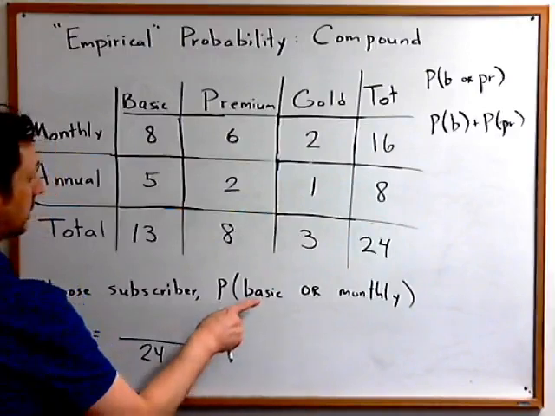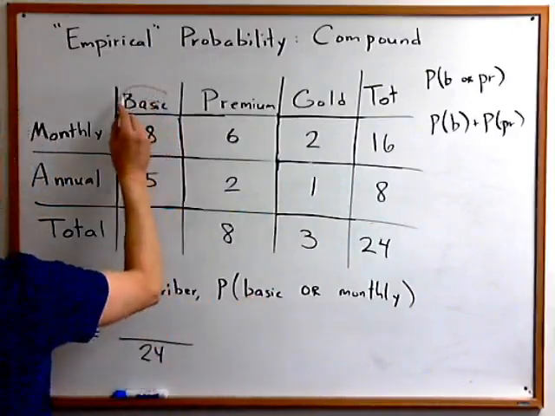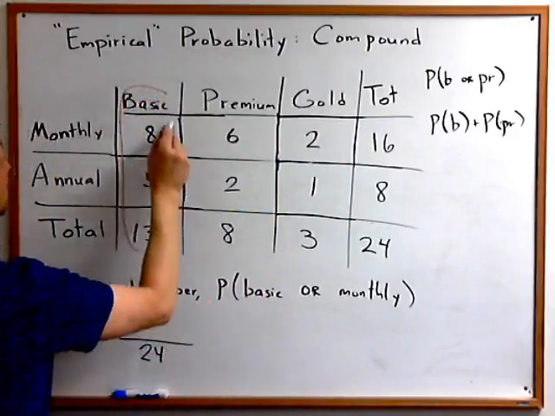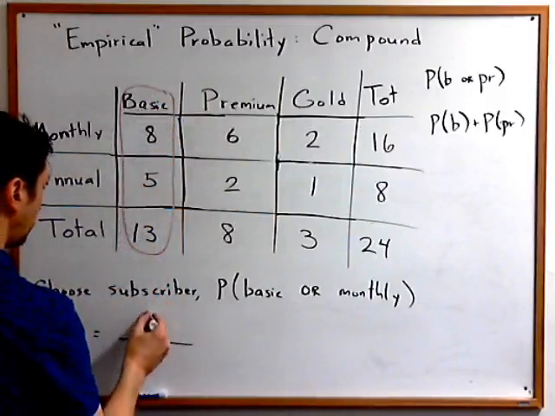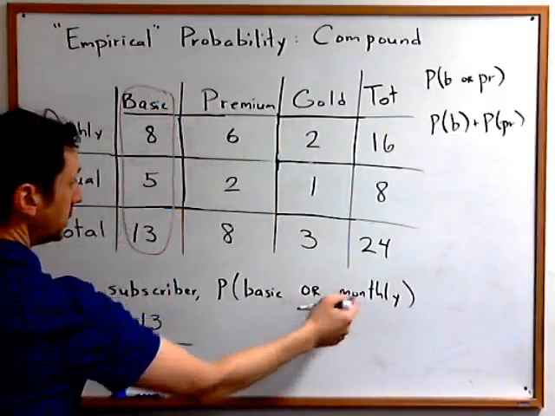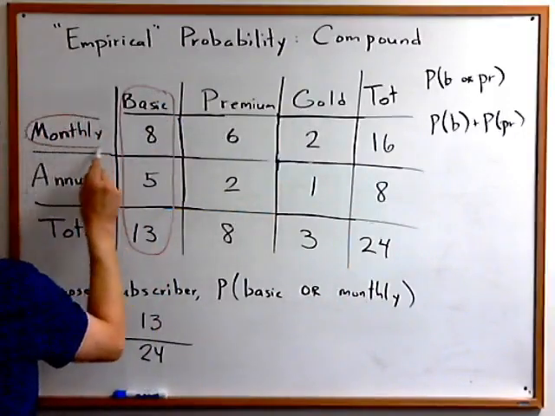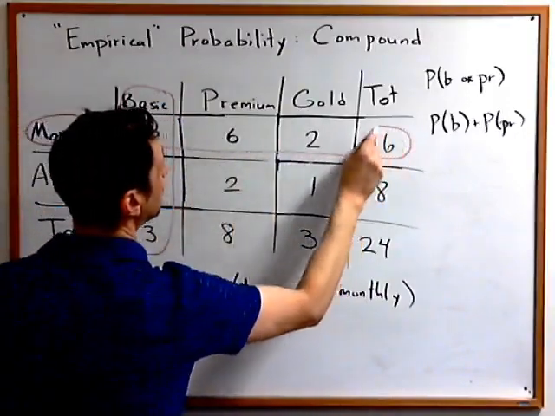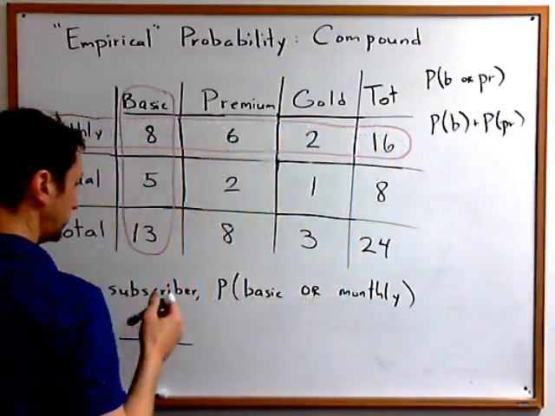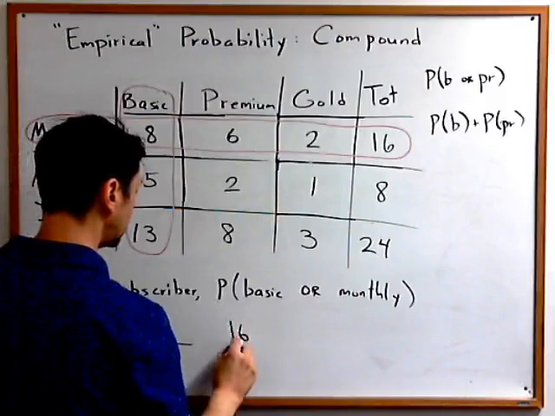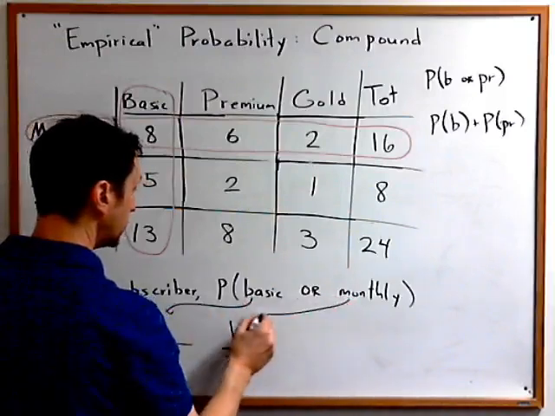How many of these subscribers are basic? Well, these are all the basic subscribers, and there are 13 of them. How many subscribers are monthly? Well, these are all the monthly subscribers, and altogether, there are 16 of them. Basic, monthly.